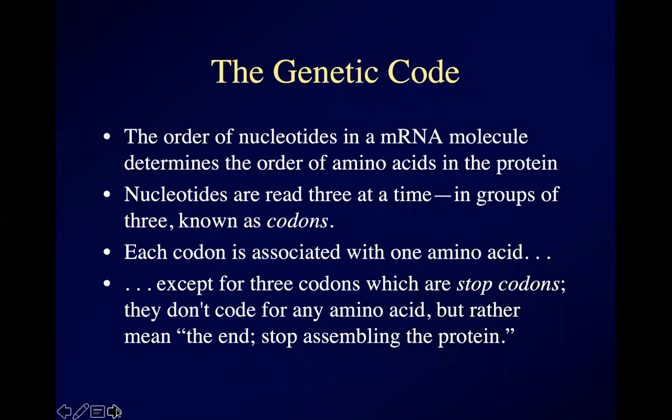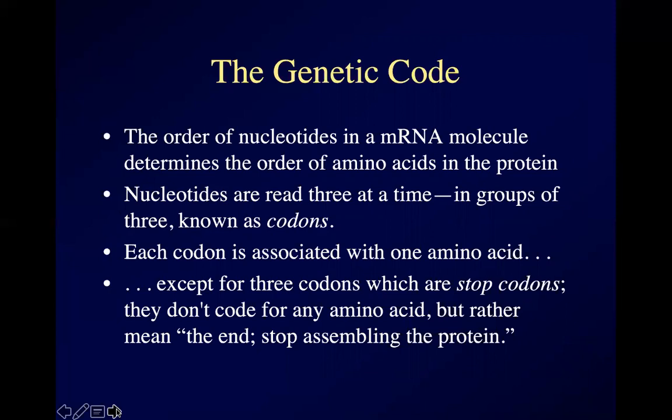To assemble proteins, we have to read nucleotides three at a time. It was first thought that maybe each nucleotide would stand for an amino acid, but in fact, we only have 4 nucleotides, but we have 20 amino acids.